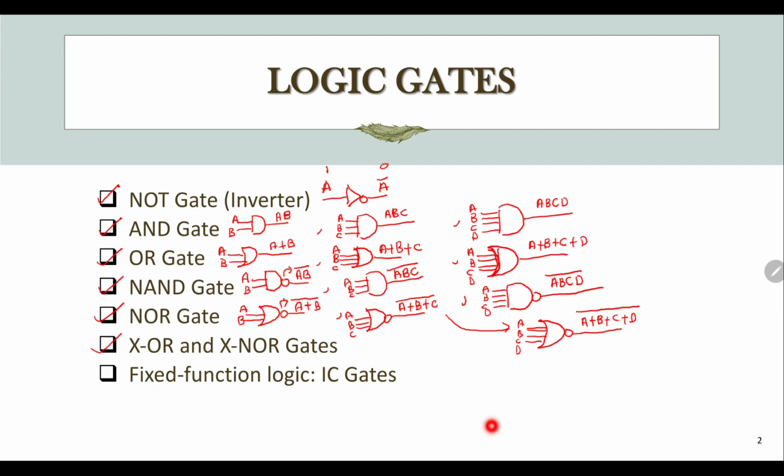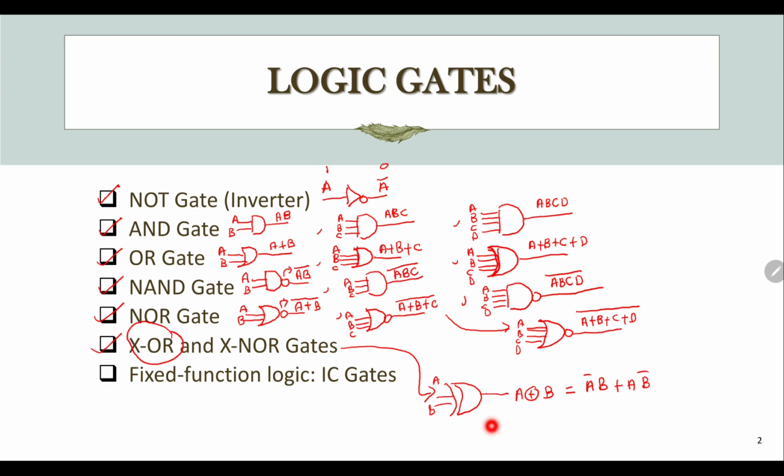Then the XOR and XNOR gates. The XOR gate just looks like an OR gate, like this. You get A, B, for example, so it becomes A ⊕ B. This represents A bar B plus A B bar.